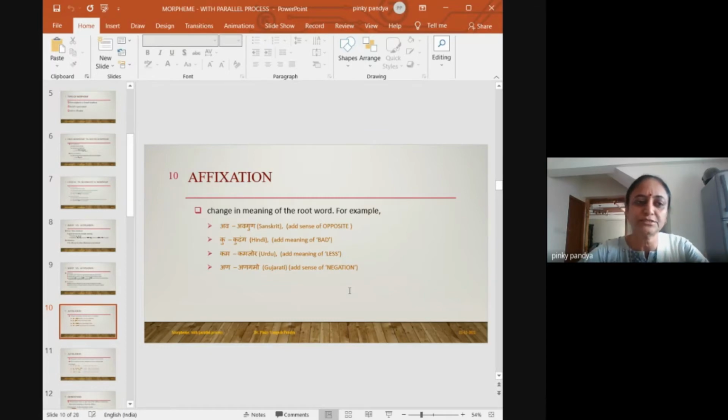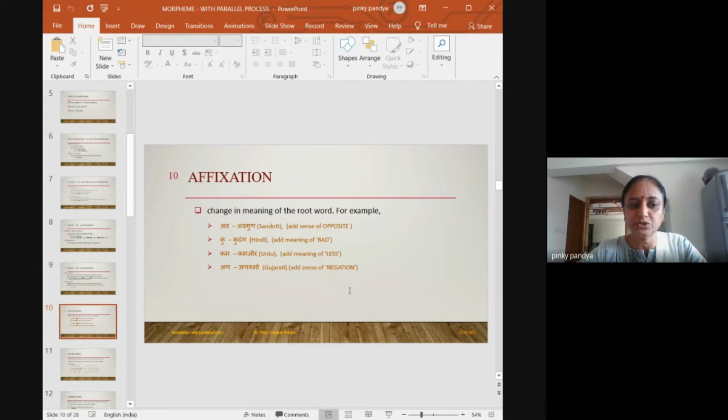Now my focus is on this. Affixation changes the meaning of the root word, as in avagun, where ava changes it to an antonym, or gives a sense of opposite. In Hindi there is a word kudang. The root word is dang, but ku adds the meaning of bad.